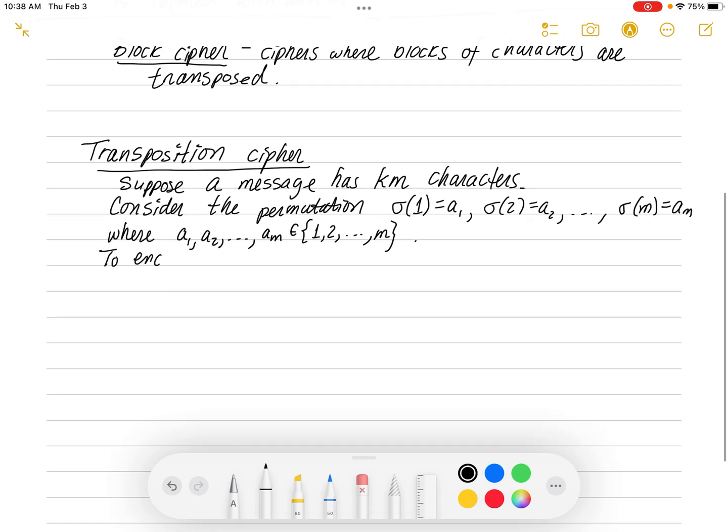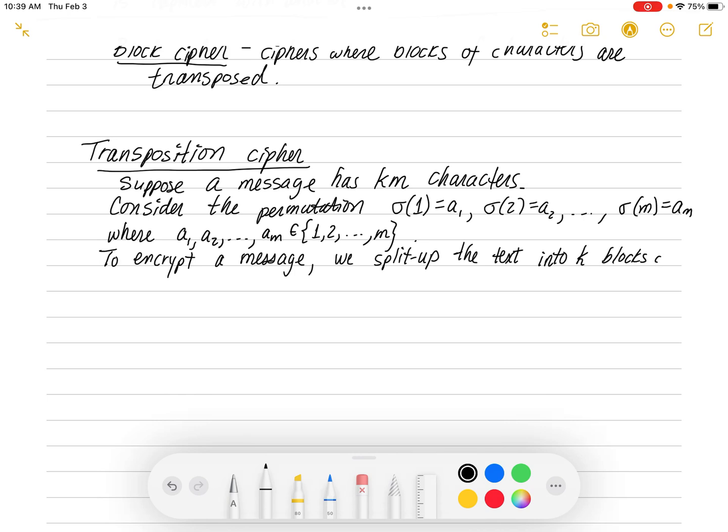So to encrypt a message, we split up the text into k blocks of length m.